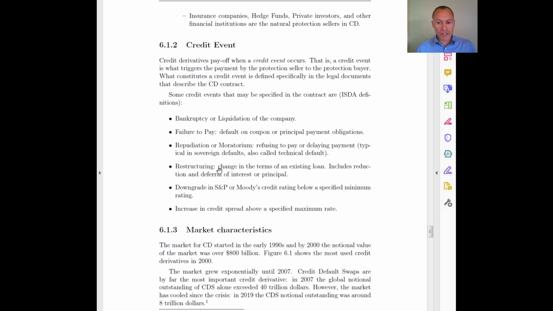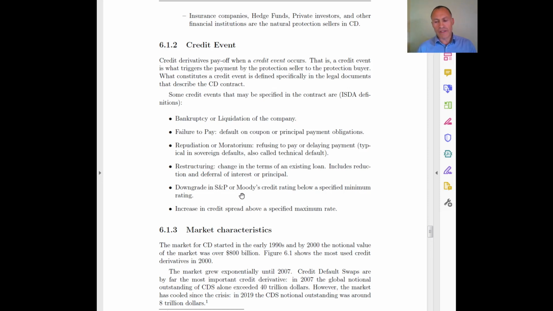A general term for all these changes is restructuring. Any change that the firm does to the terms of an existing loan will be enough to trigger the credit derivative. This is usually done when a firm does something that is not good for the bondholders. So anything that changes what was agreed is considered a credit event.